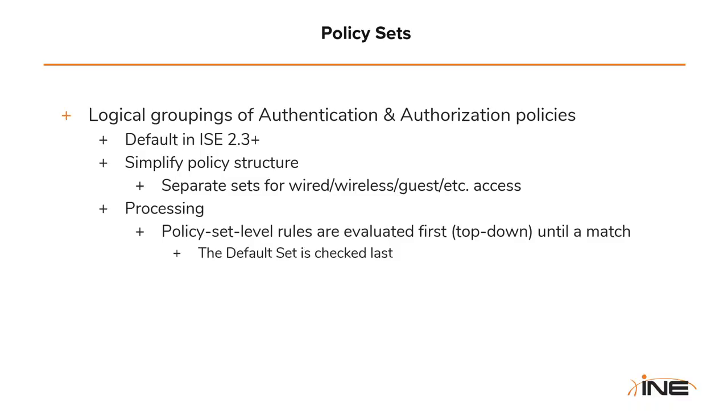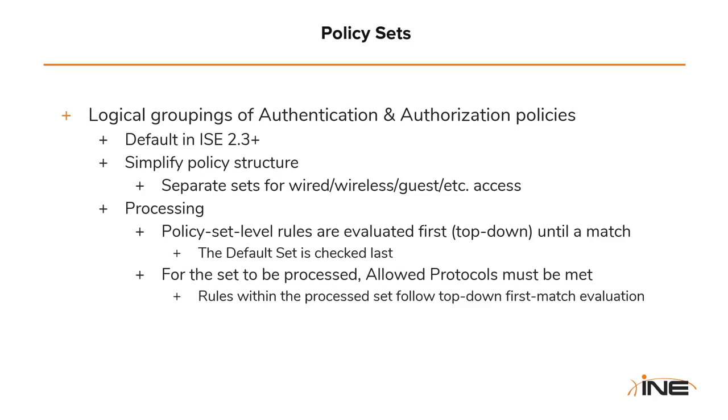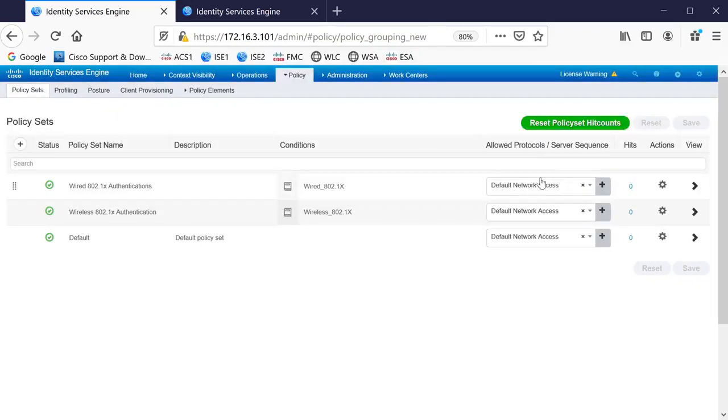What I want to tell you now is that for the policy set to be eventually processed by the Identity Services Engine, if a network access service is configured for the set and defined as the allowed protocols, the protocol used by the connection, by the session, must be accepted within this allowed protocols list.